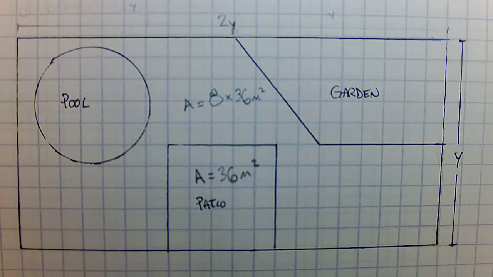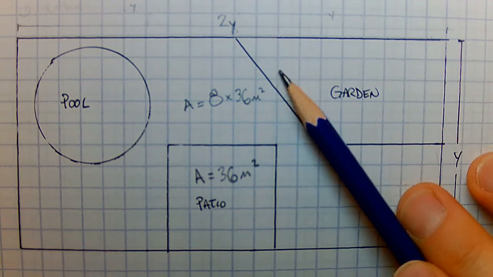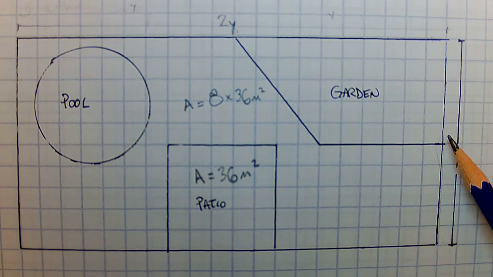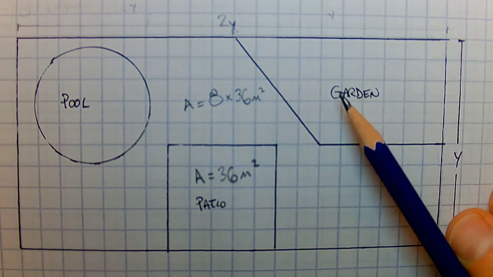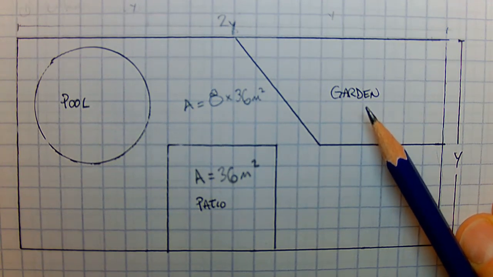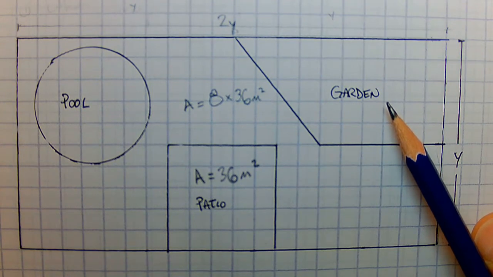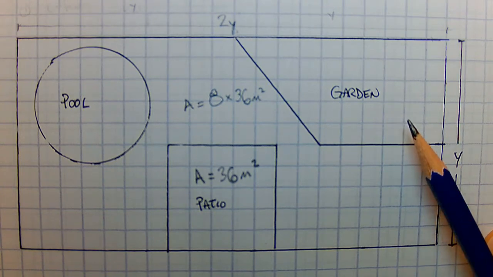The small base and the height of the trapezoid corresponding to the garden, so they're talking about this shape here, from there down, across, up, and then across the top. So this trapezoid here. The small base and the height of the trapezoid corresponding to the garden are each equal to half the width of the lot.